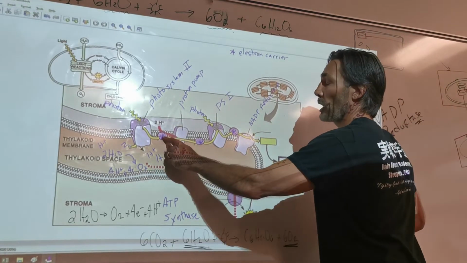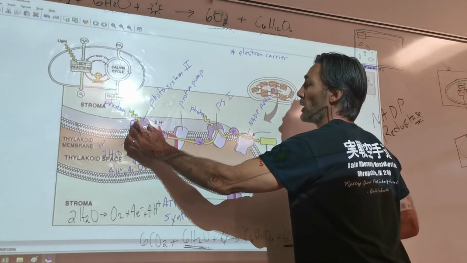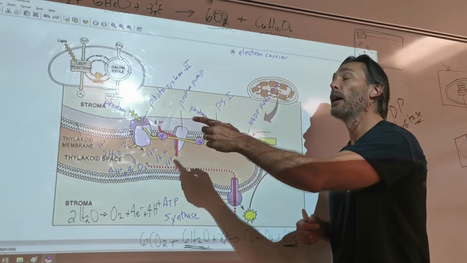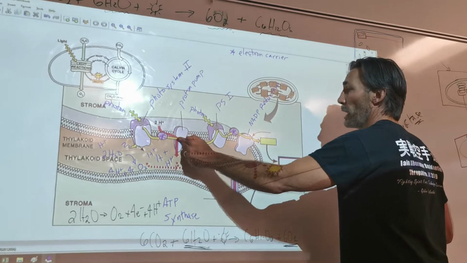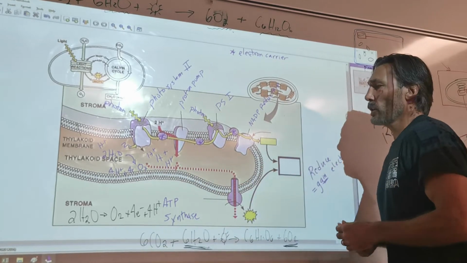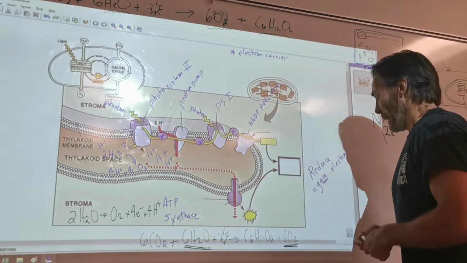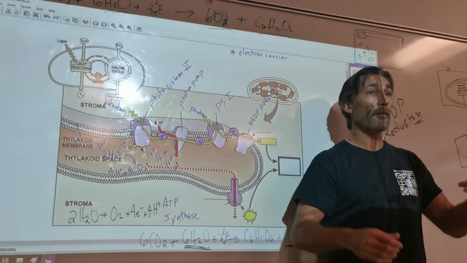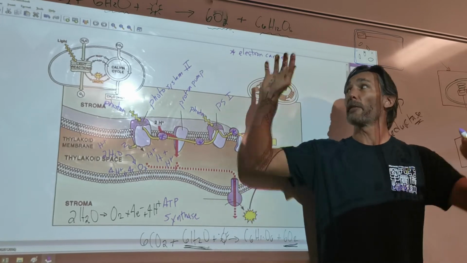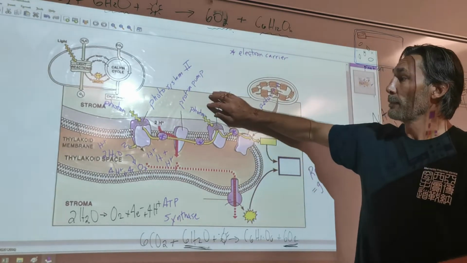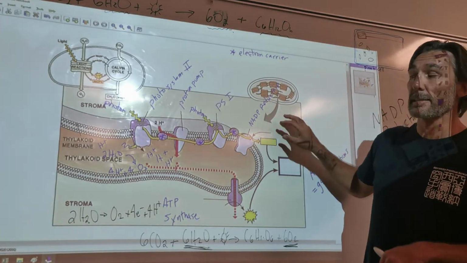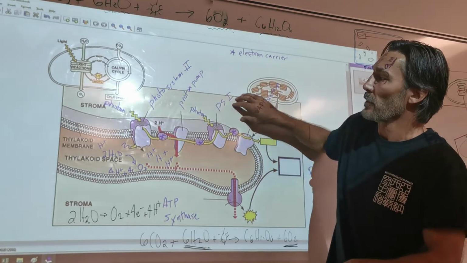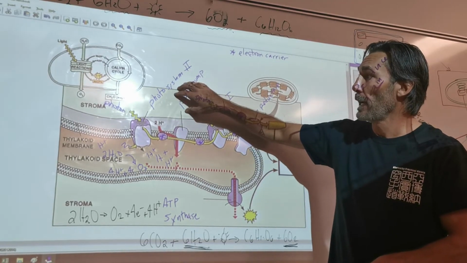Okay, so this electron carrier is going to pick up electrons from photosystem 2, specifically the chlorophyll in the reaction center of that photosystem, and they take them over here, the proton pump. So we'll try to keep this kind of simple, but anytime you have a watery environment, it could be your glass of water, your coffee, your apple juice, the extracellular environment of a cell, or this would be the cytosol of this cell because we're still inside the cell, or this would be the stroma of the chloroplast.